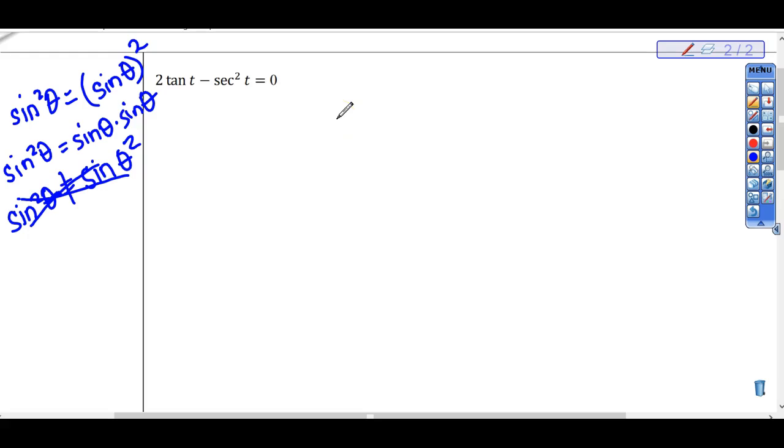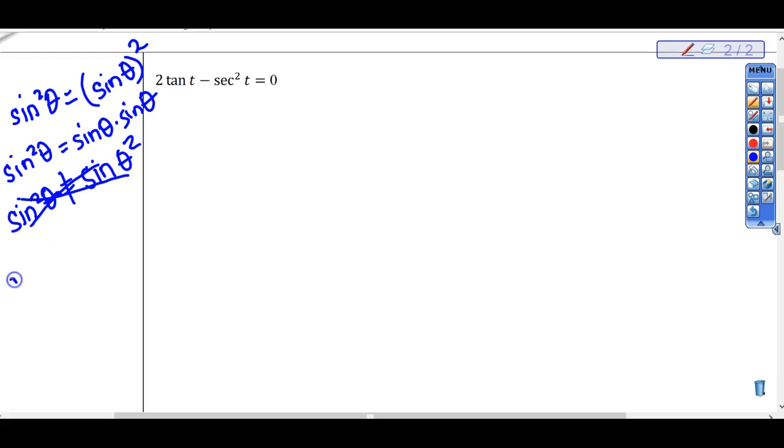So it looks quadratic in nature because it's got a secant squared t, all right? And so I'm looking at tangent and secant, and I'm wondering how they're related in the trig identities. I know that secant is not a reciprocal of tangent, so they're not reciprocal identities, but they do exist in a Pythagorean identity together, correct?